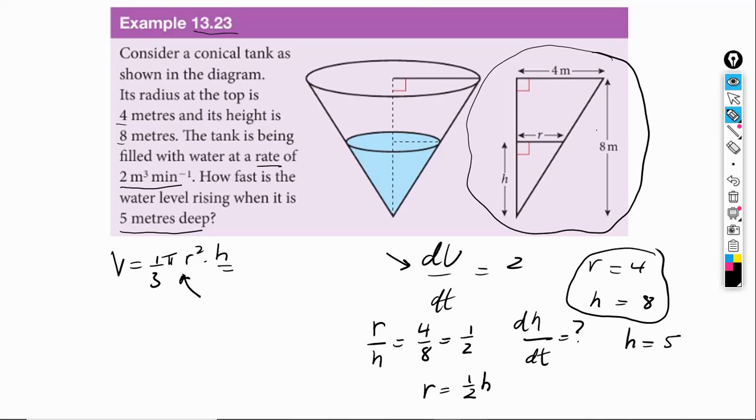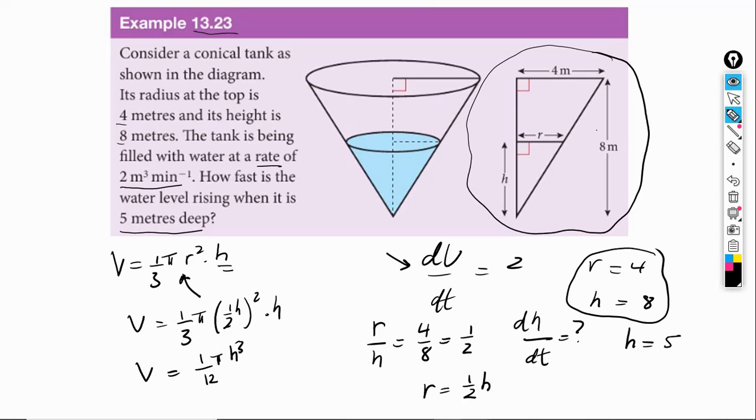So let's plug this into the volume formula. We're going to get that the volume is equal to 1/3 pi times 1/2 the height, which is the radius, squared times the height, and therefore the volume is going to be 1/12 pi times the height cubed.